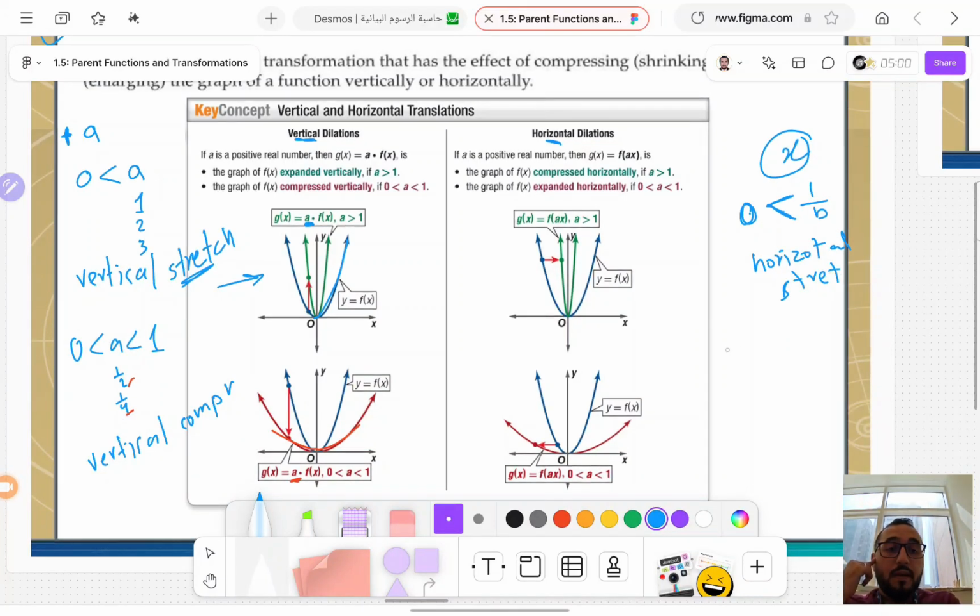And when 1/b is between 0 and 1, which is a fraction, it should be a horizontal compression.